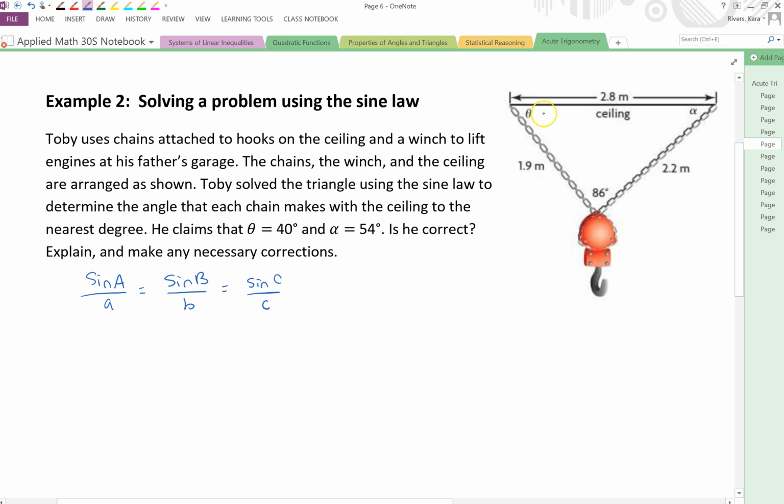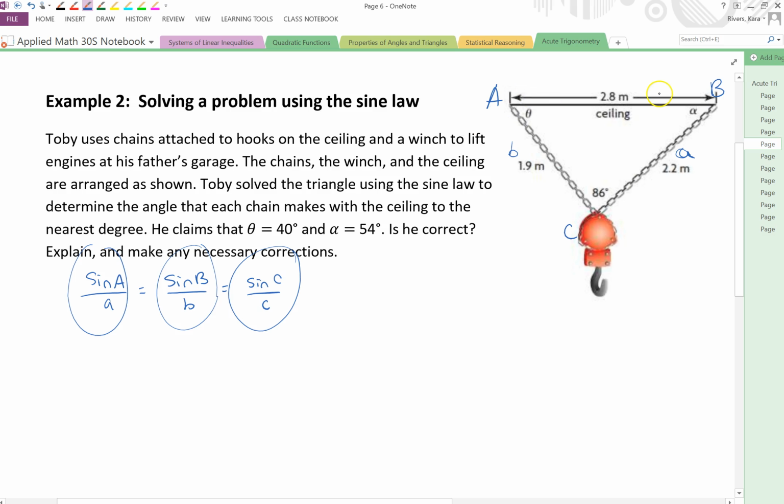Well, theta, if we label this A, B, C, that theta would be our angle A, so side a would be 2.2. So that's a pair. That's the sine A over a pair. And then I've got sine B over side b. Well, that's a pair. But then I also have sine C over side c. So I've got all 3 pairs. So what exactly am I doing here? Well, angle A is an unknown.